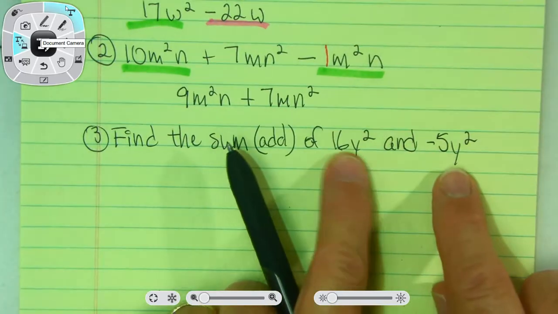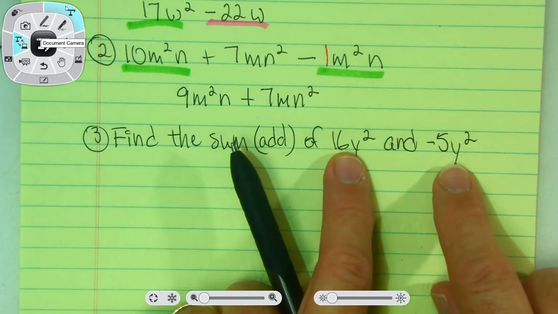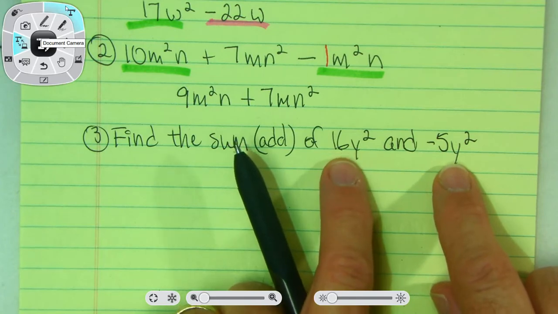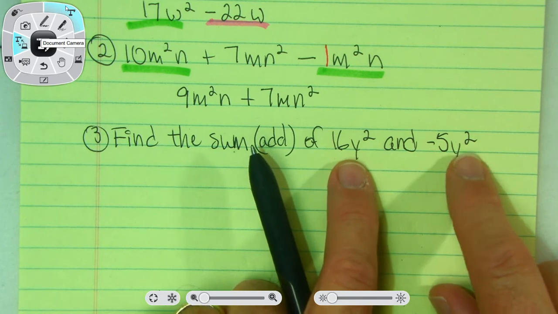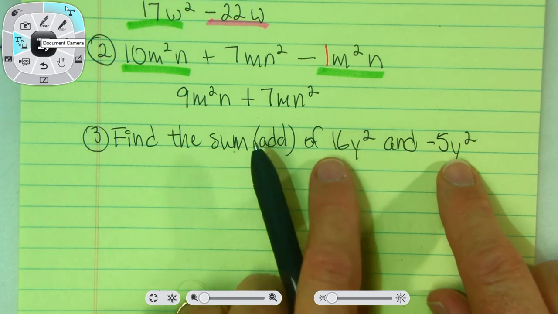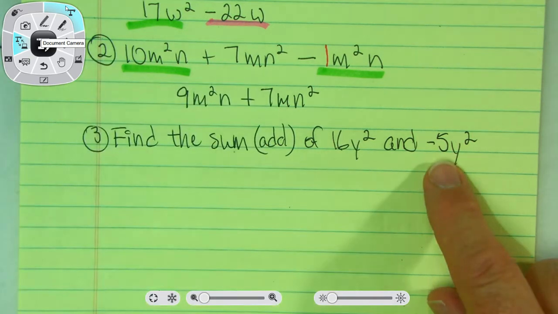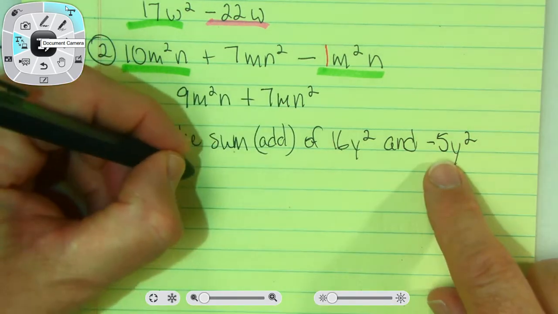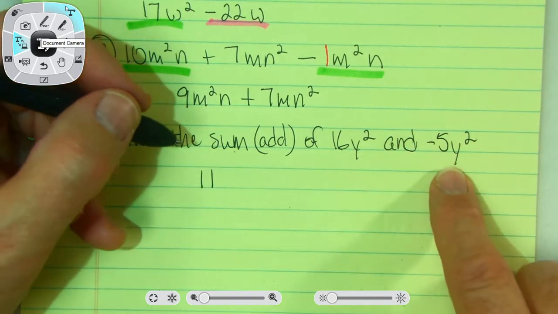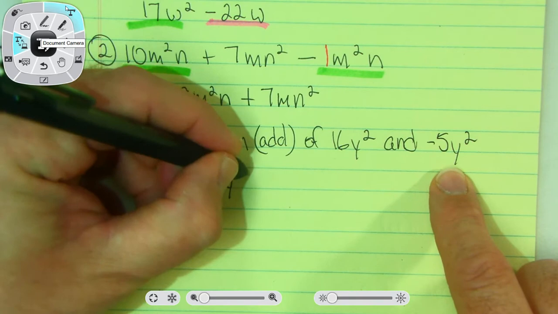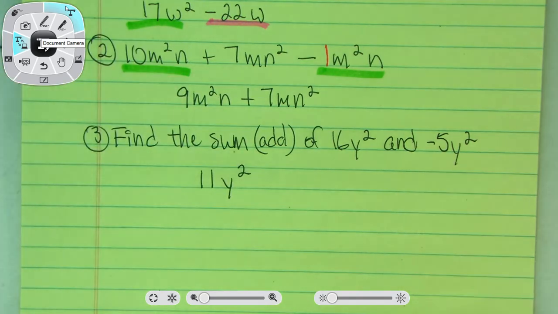I can go ahead and actually add those two because they are like terms. If they weren't like terms, all I could do is say this one plus that one. But since they're like terms, positive 16 and negative 5 will give me a positive 11. One's positive, the other negative, so I have to subtract them. And I don't change the variable portion, so my answer there is 11y squared.